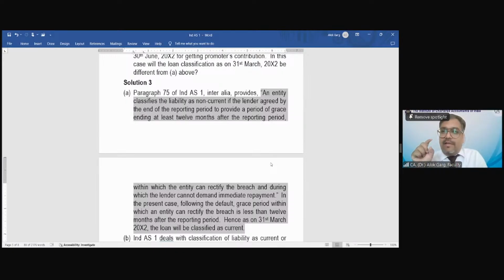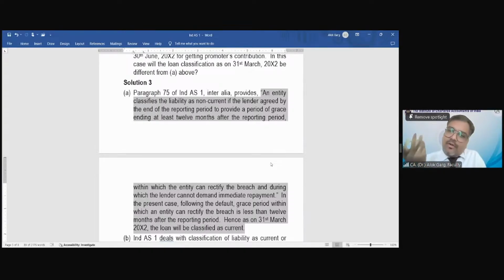So, if this grace period, instead of 30th June, would have been given up to 31st March 20x3, then it has to be non-current. But here the grace period का मतलब क्या है? Grace period का मतलब ये है कि या तो आप इसको ठीक कर लो नहीं तो मुझे पैसा दे देना, right?